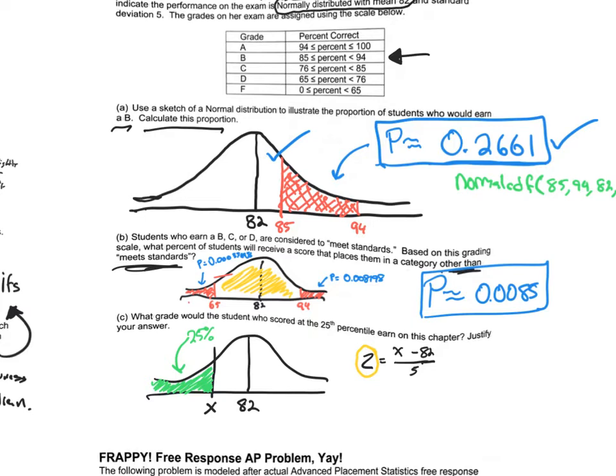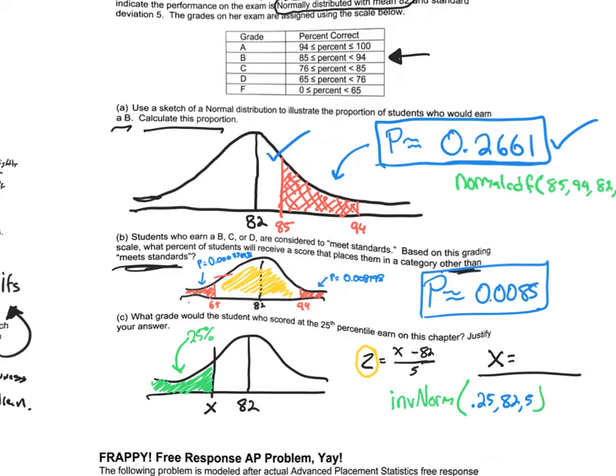Or, let me tell you what I'm going to do in my calculator. There's a thing called inverse norm. Inverse norm allows me to put in area. So my area is 0.25. The mean is 82, and the standard deviation is 5. So literally I'm going to do this, and I'm going to get my value for x. It's going to tell me that value, right? So my calculator does the work for me. Now, I need to show a curve, or I need to show a z-score.